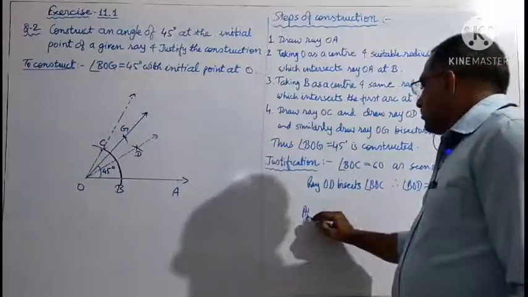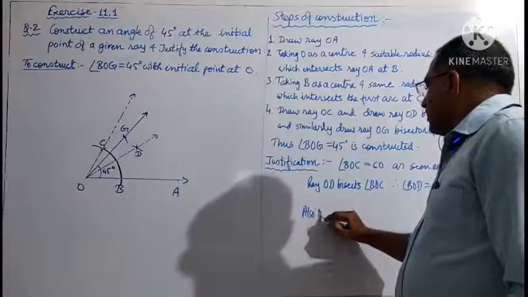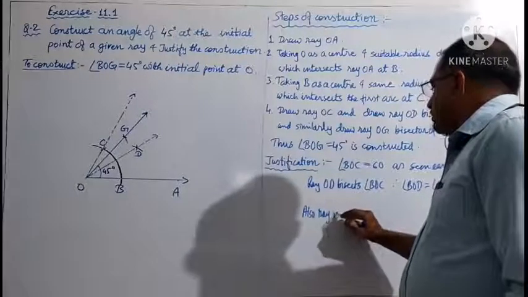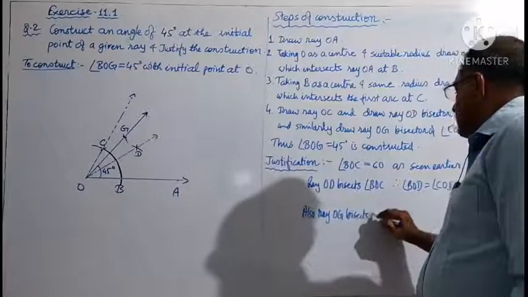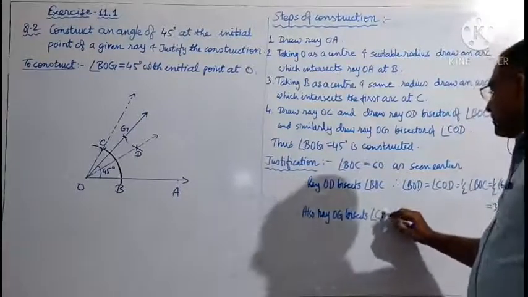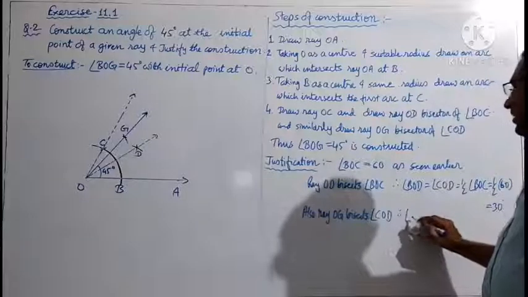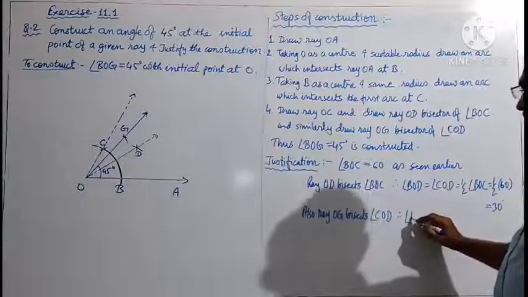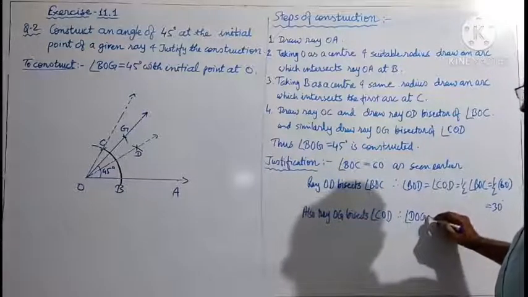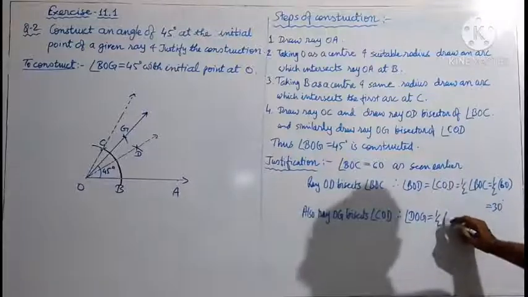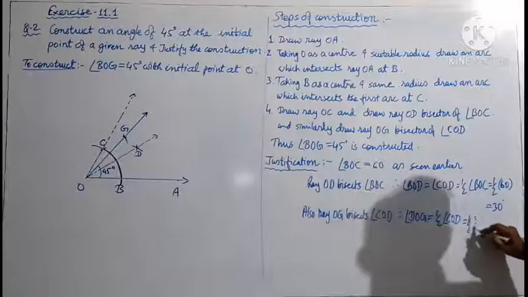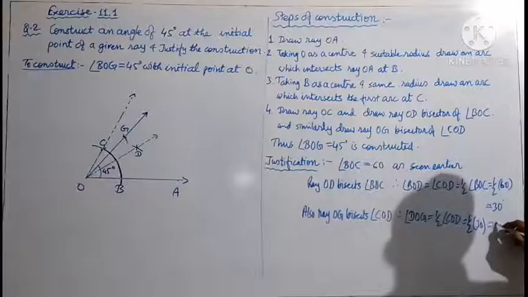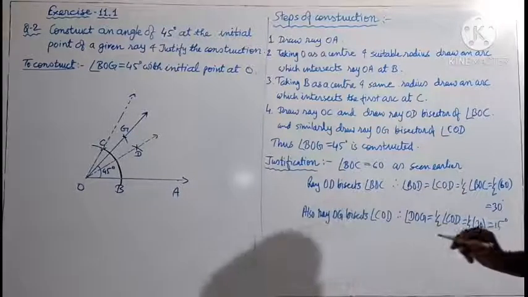Also, ray OG bisects angle COD, and therefore angle DOG is equal to half of COD, and that is half of 30, and that is 15 degree.